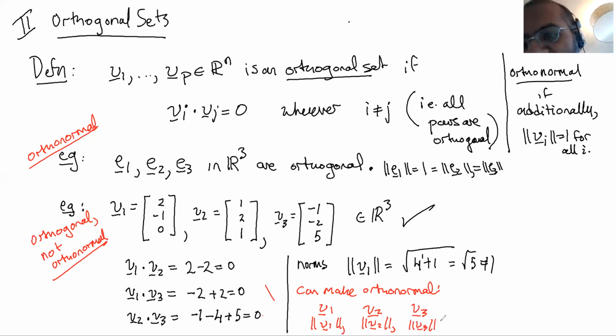You can always do that if the vectors are not 0. By the way, the definition of an orthogonal set could include a 0 vector, since the 0 vector is orthogonal to everything: its dot product with everything is 0. But you can always make an orthogonal set of non-zero vectors orthonormal just by scaling.